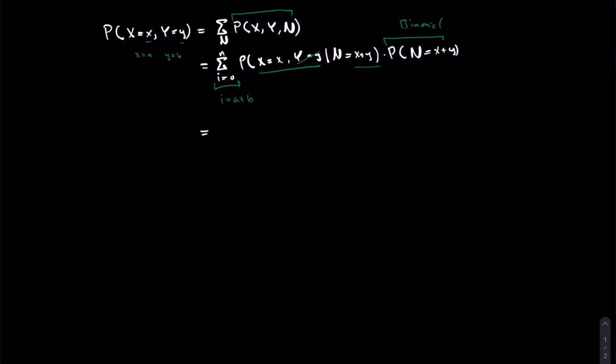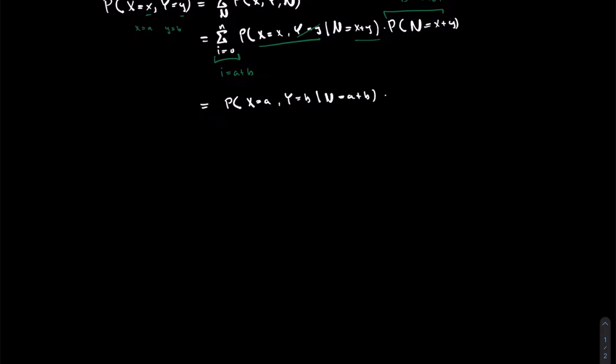And so in the end, what we have is the probability of x equal a, and for the sake of completeness, let's write out y equaling b. Then n has to equal a plus b. That happens only on that occasion, whatever we choose for little x, little y.